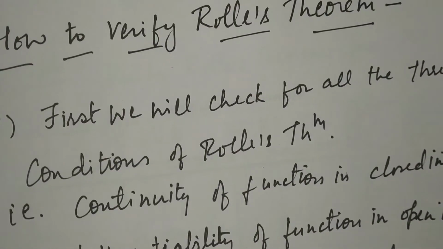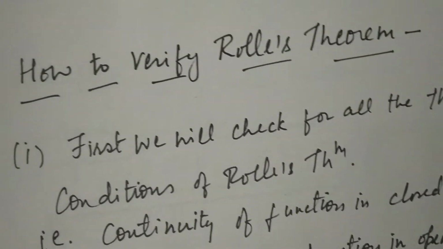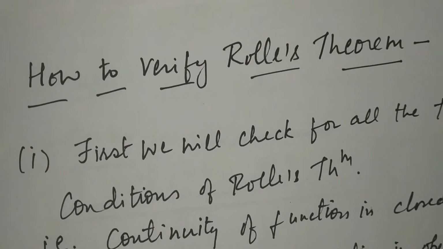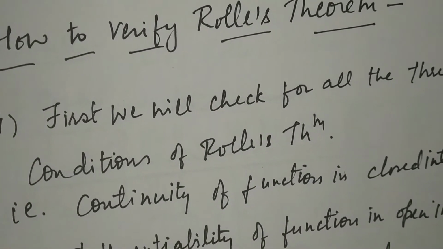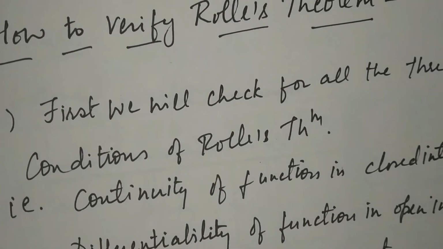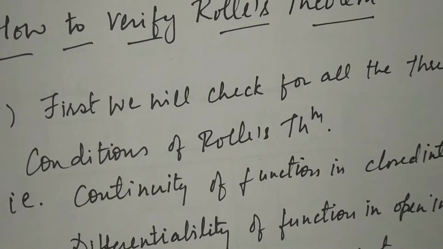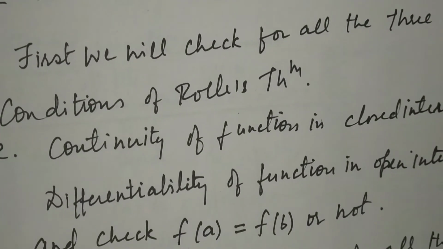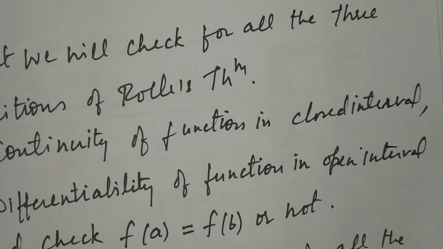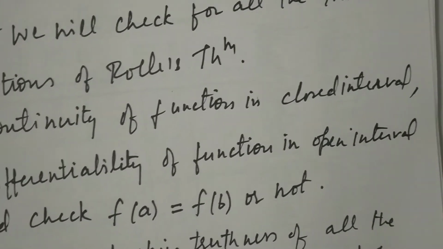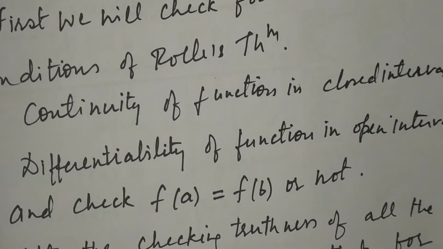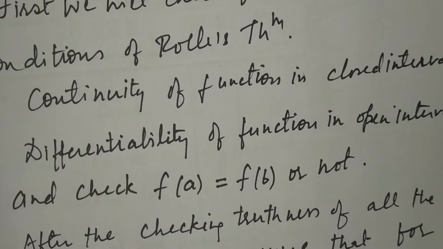Now what is the process? How do we verify Rolle's theorem? For the verification, we first check all 3 conditions of Rolle's theorem. The first condition is that we check the continuity of the function in the closed interval, the second is that we check the differentiability of the function in the open interval, and the third, we find the values of f(a) and f(b).